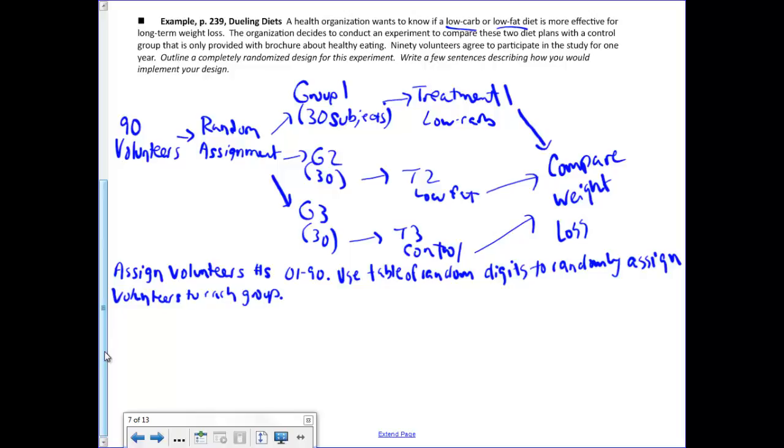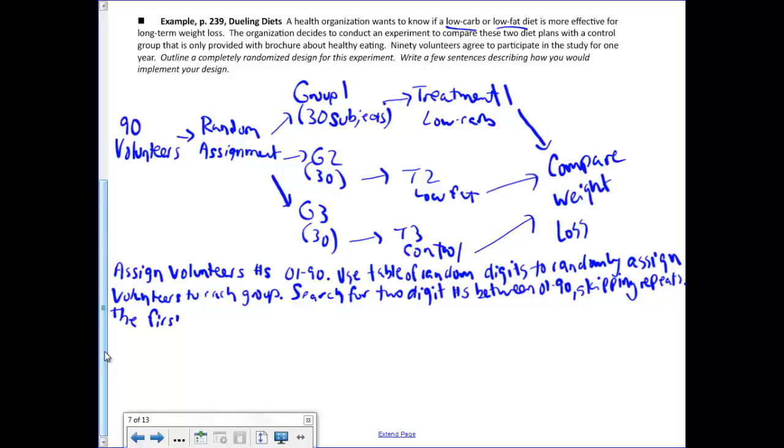And here's what we looked at yesterday. How do we use the table of digits? How do we explain that? So you're going to search for 2-digit numbers between 01 and 90, and you're going to skip the repeats as well as like 00 and numbers over 91. And what I would do is that when I come to my first 30 numbers, I'd put them in group 1.